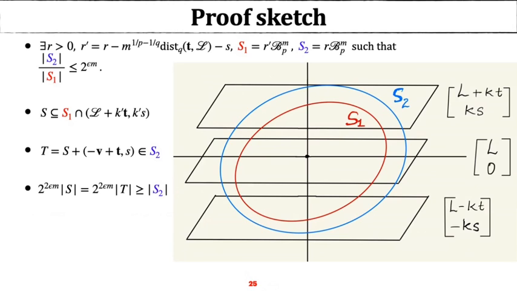And we know that we can uniformly sample a vector from the sphere S2.